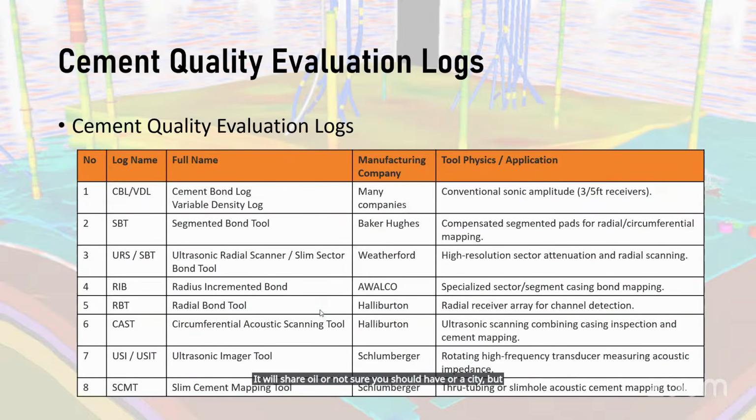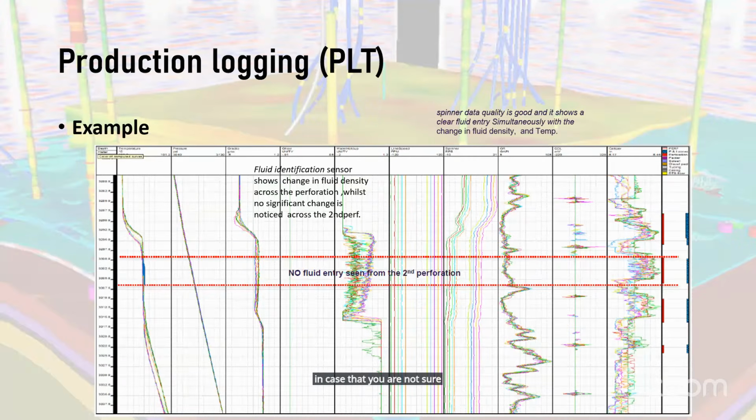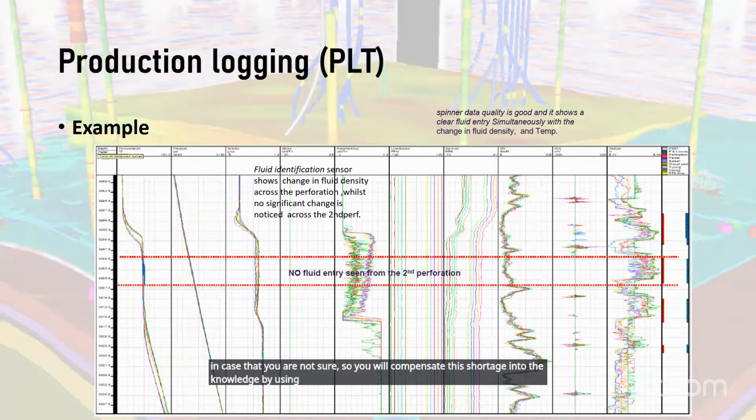But as I mentioned in our example here, you can do stimulation if you are sure that this interval will produce oil. For example, if you have an offset well that is down dip or at the same level as your well, and this well is producing from the same interval with very low water cut, then you can do the stimulation without running the RST. In case you are not sure, you will compensate for this shortage in knowledge by using another tool, which will be the RST in our case.